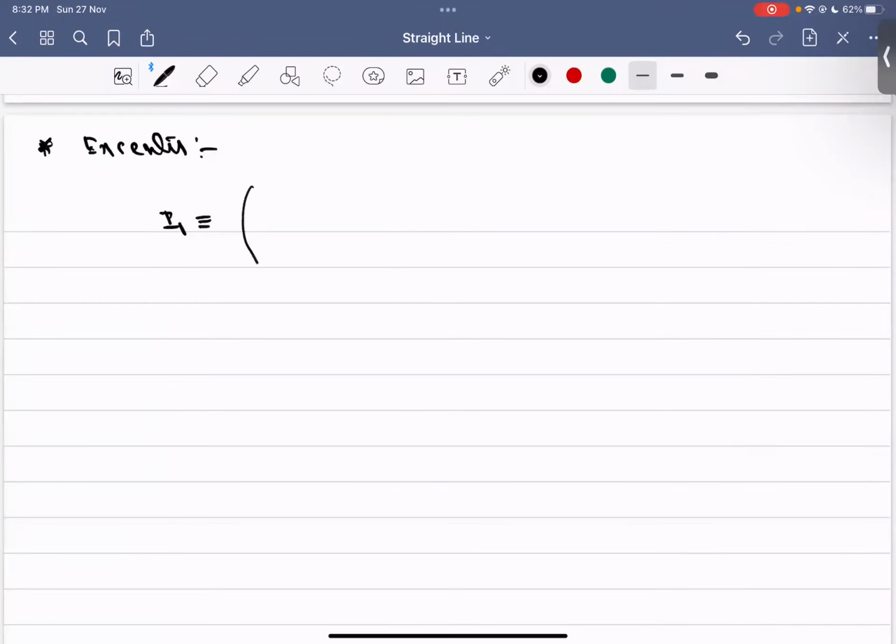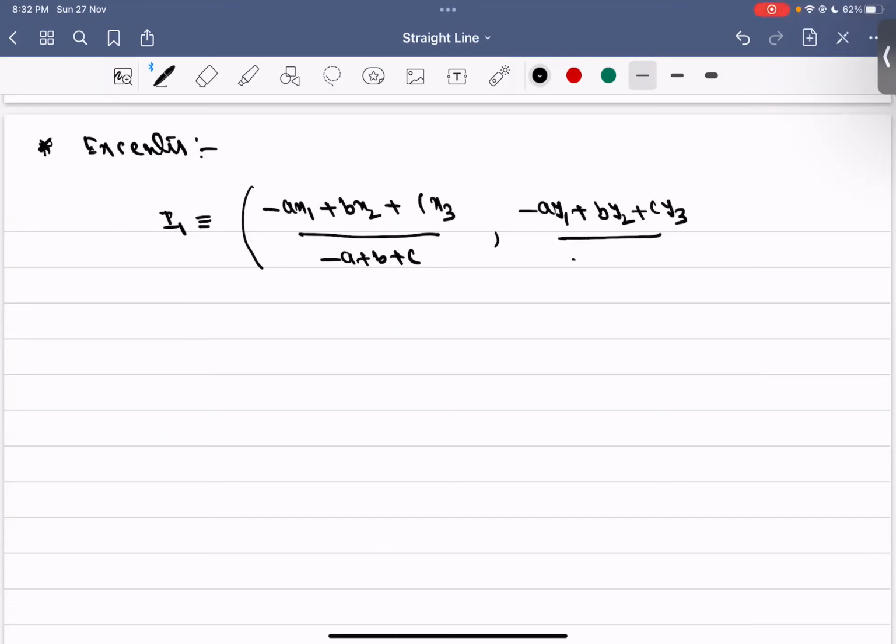I1 excenter is (minus a x1 plus b x2 plus c x3) by (minus a plus b plus c), comma, (minus a y1 plus b y2 plus c y3) by (minus a plus b plus c). So this is the excenter opposite to the vertex A.